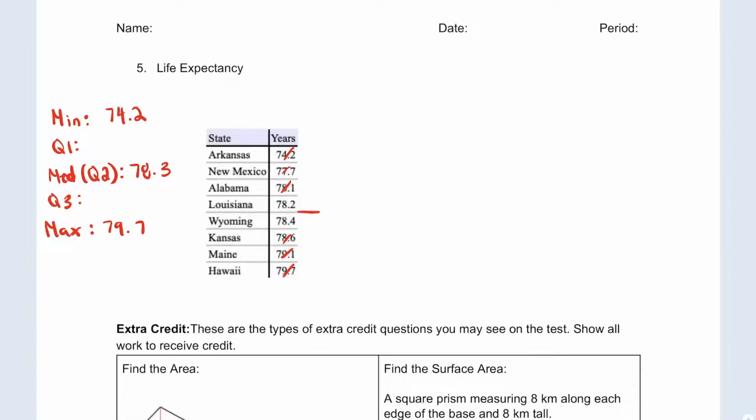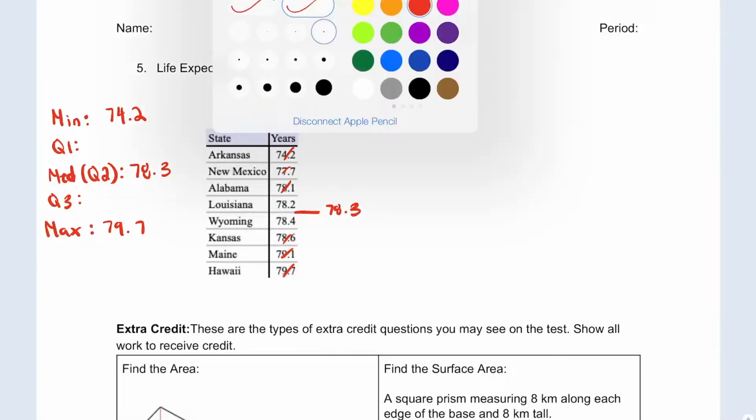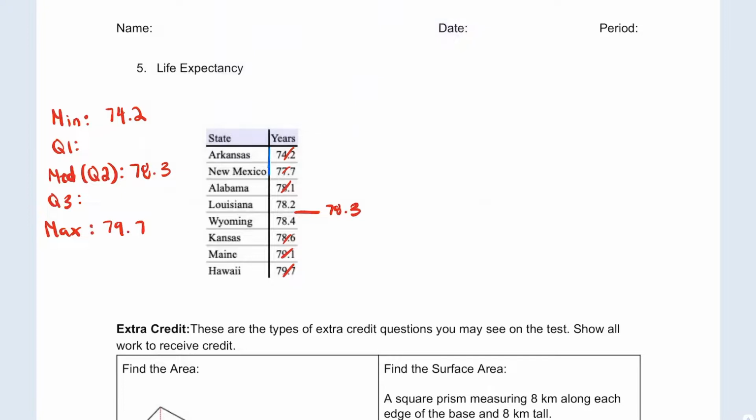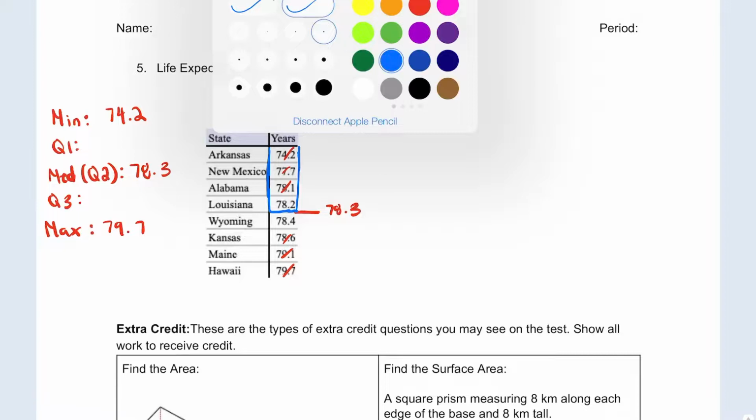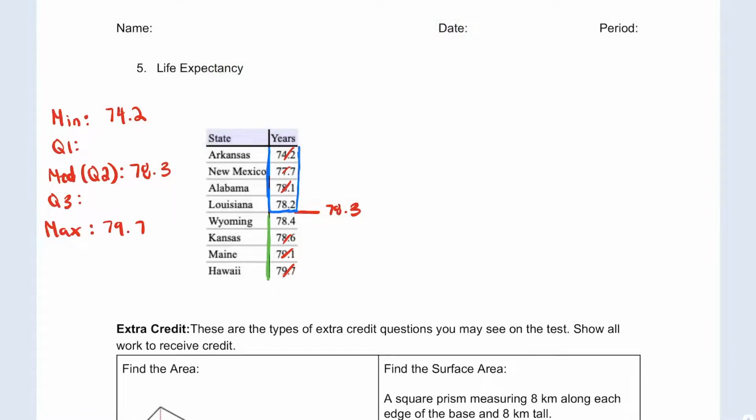Okay, so I'm going to add 78.3 right here. That way I can visualize, so the blue is my lower half, and I'm going to do green for my upper half.